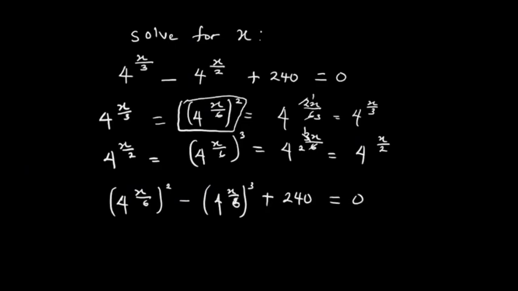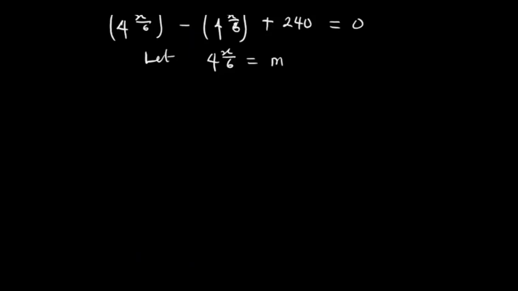So you can say let 4 to the power of x over 6 equal m. So whenever I see 4 to the power of x over 6, I'm going to replace it with m. So automatically this gives m squared minus m to the power of 3 plus 240 is equal to 0.